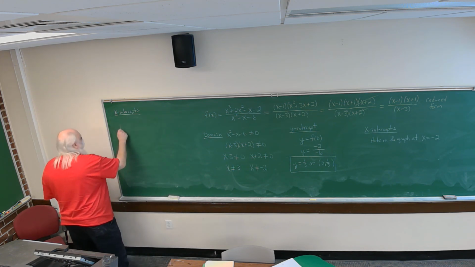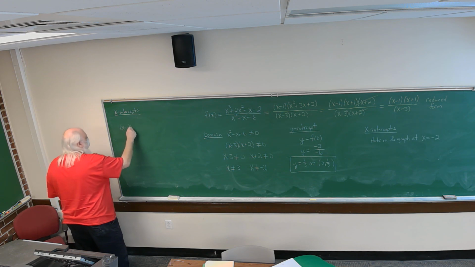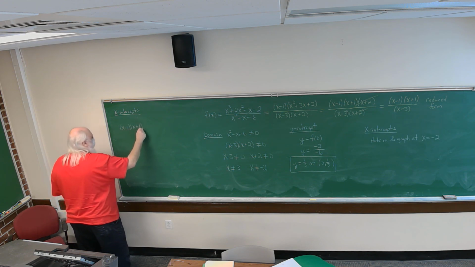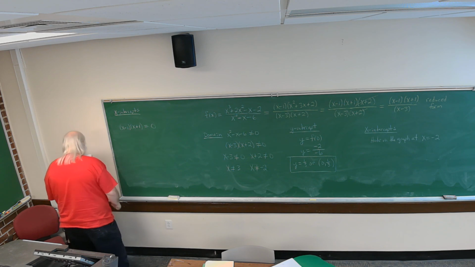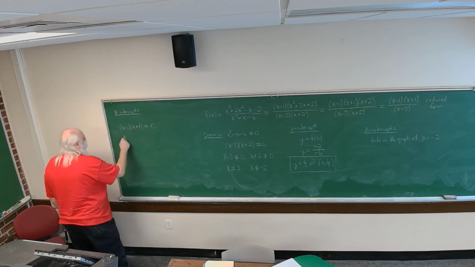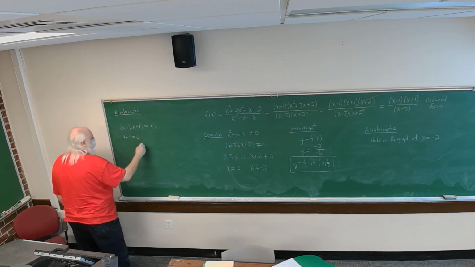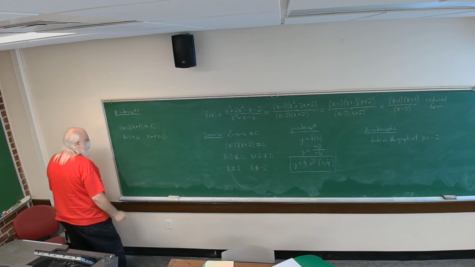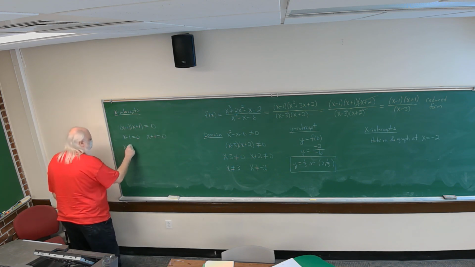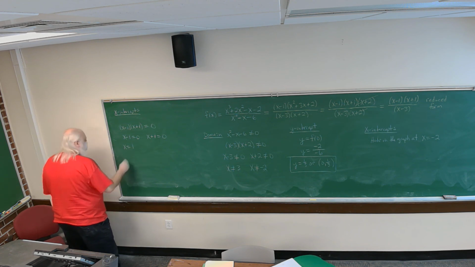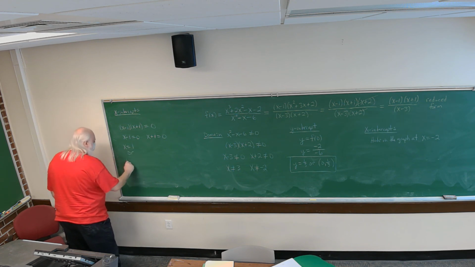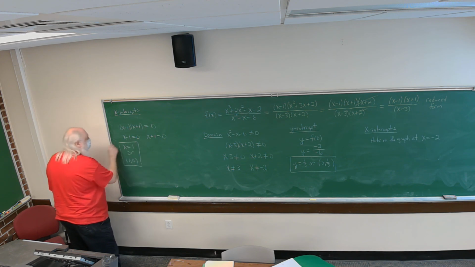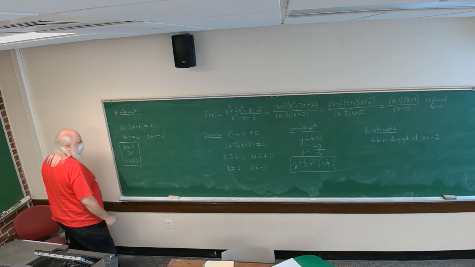So we have x minus 1 times x plus 1 is equal to 0. So x minus 1 is equal to 0, or x plus 1 is equal to 0. Which means x equals 1, or the ordered pair (1, 0) is the first x-intercept.